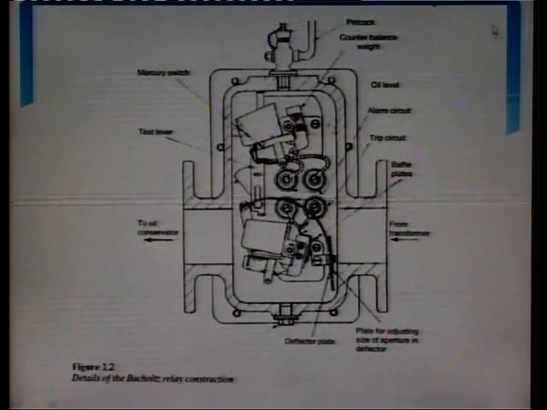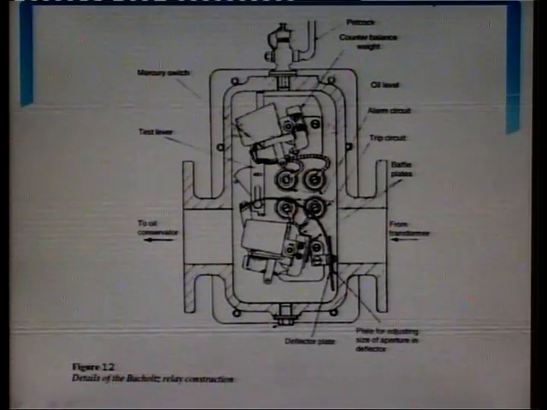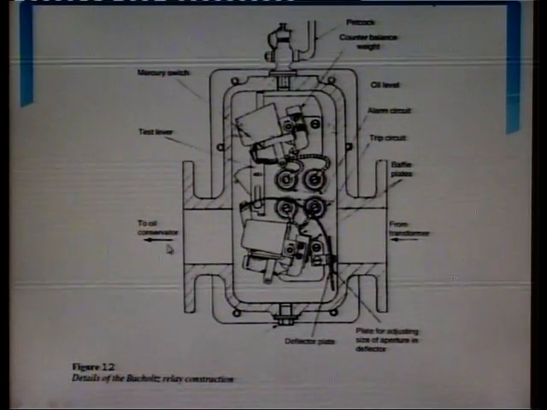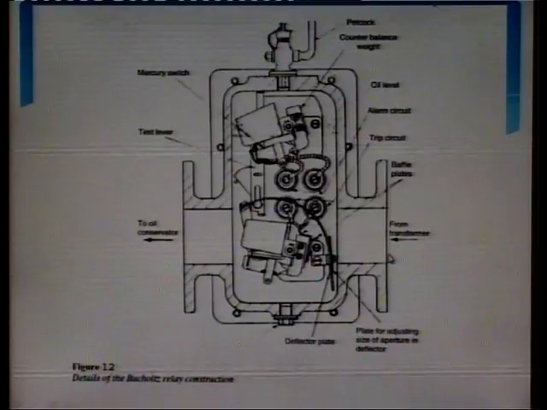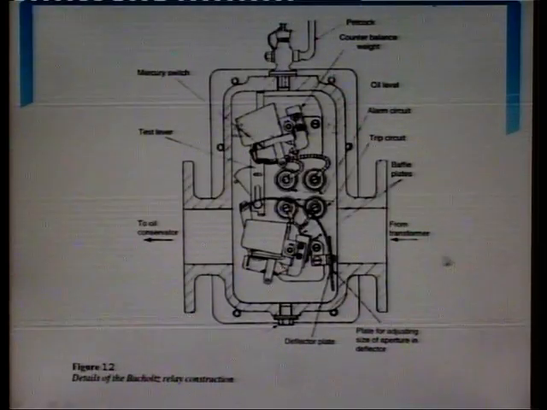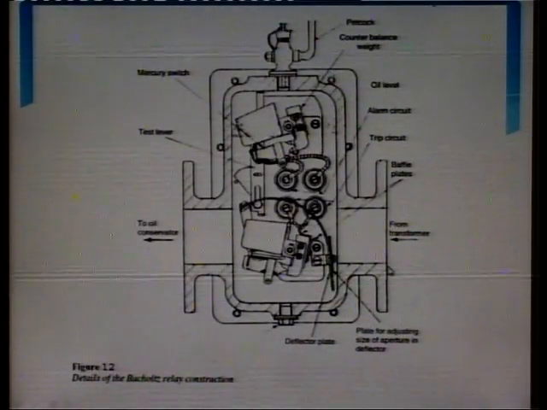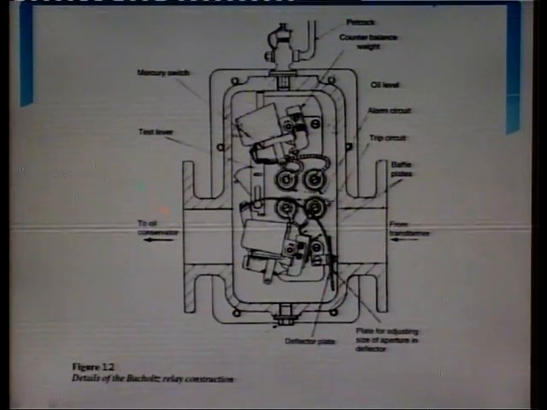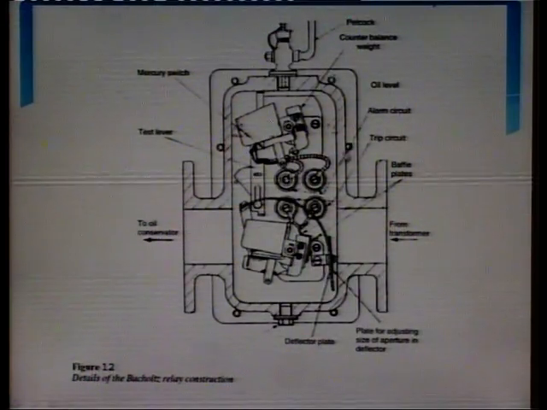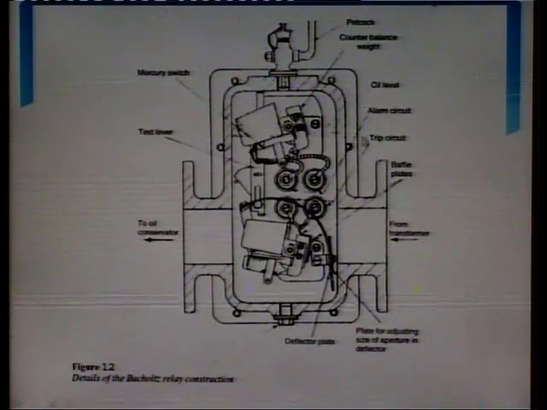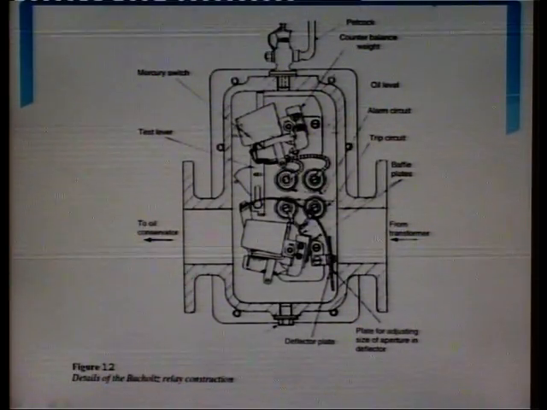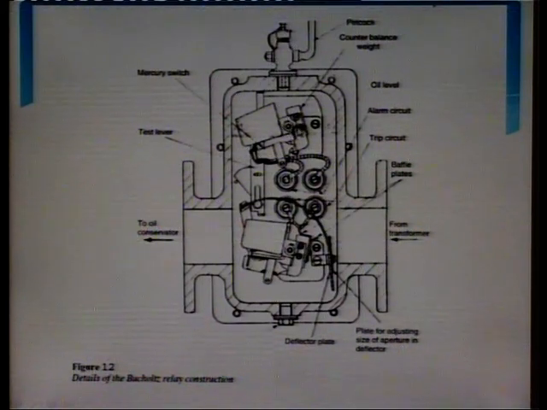So, this is the diagram of the Buckles relay. See, this portion is connected to the conservator and this portion is connected with the main tank of the transformer. This is alarm circuit 1, trip circuit 1, and this is another trip circuit and alarm circuit.